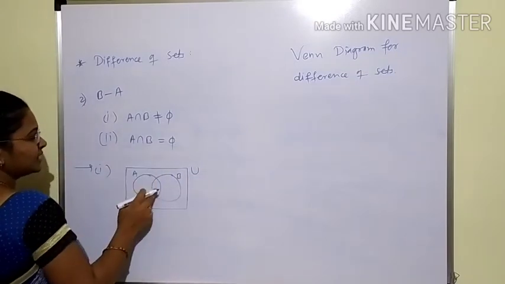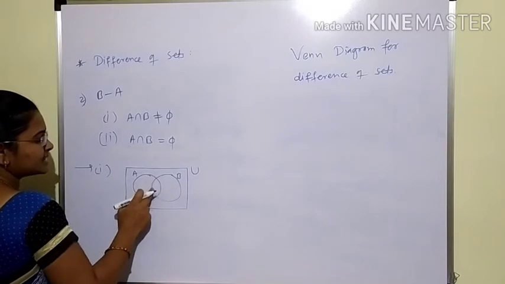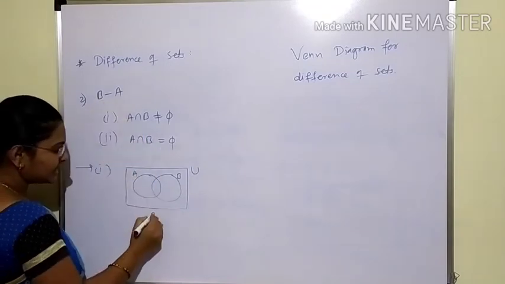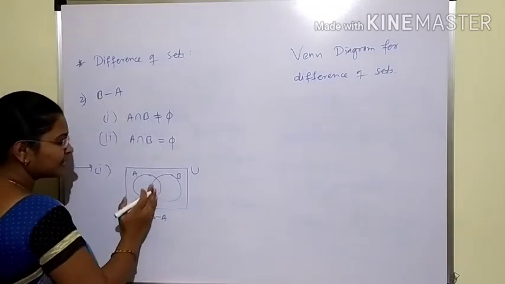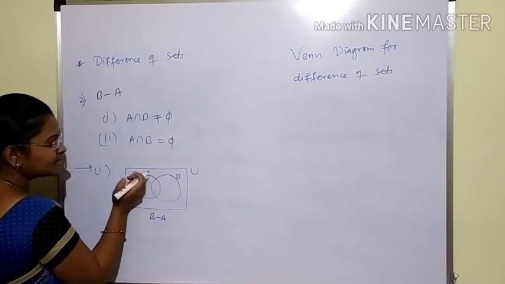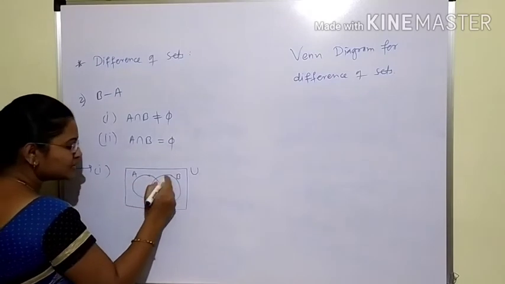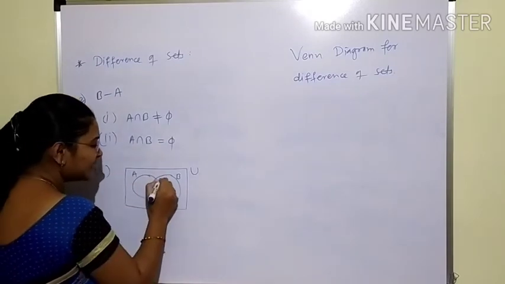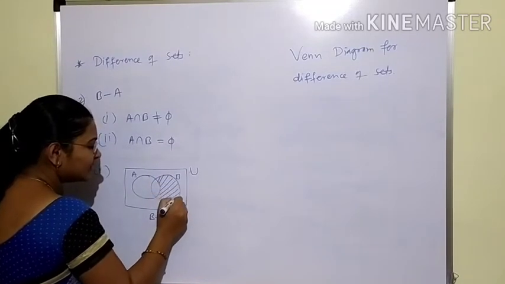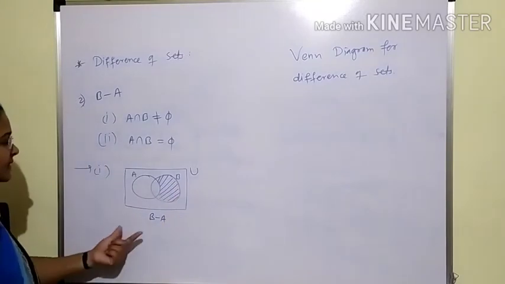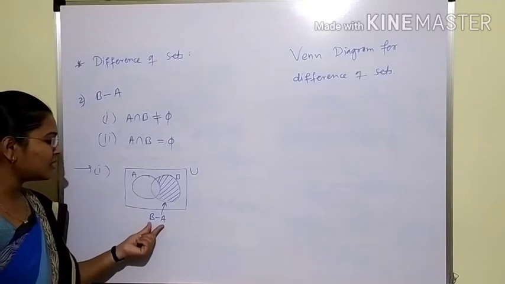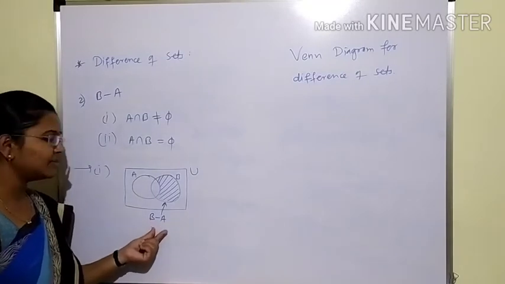Here also this part indicates the intersection of both A and B. So for set B minus A, we will exclude the members of set A from set B which are there in common. So B minus A will be the set having elements from only set B, not from set A. Getting? So this shaded part shows the difference of set B and set A, that is B minus A.